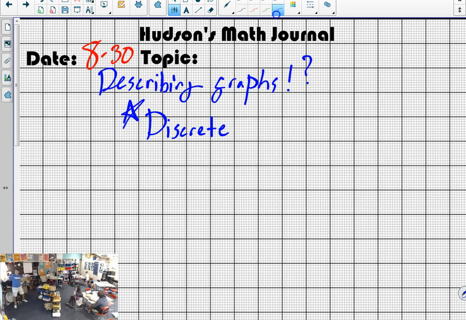So really, discrete, linear, if we could somehow get them to tell us what type of graph this is. So we could really ask what type of graph is this and find out whether it's discrete or linear or quadratic. There you go.